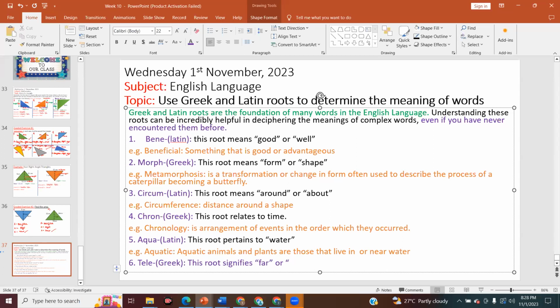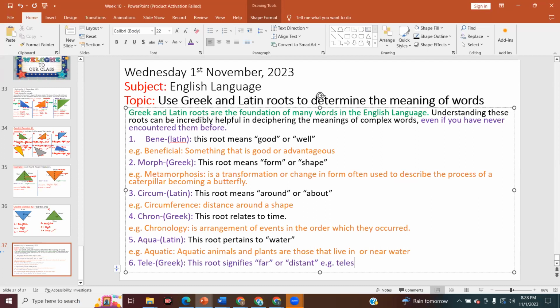Telescope, maybe. Teleport. All right, so this will signify far or distant. Because I want to save space, I'm just going to give the example. The example would be telescope.